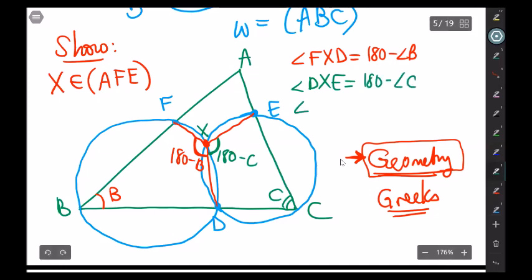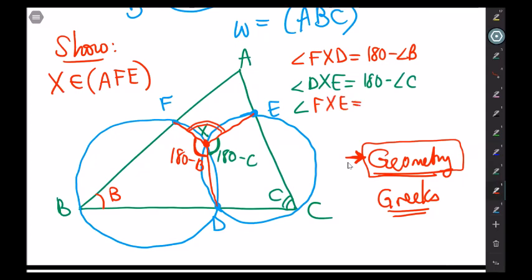What is the next angle that I would be extremely interested in calculating, measuring? Yes, it makes sense to complete the circle with the angle here. It would be interesting to see what FXE would measure, but it would just measure 360 degrees minus 180 minus B minus 180 minus C, right?